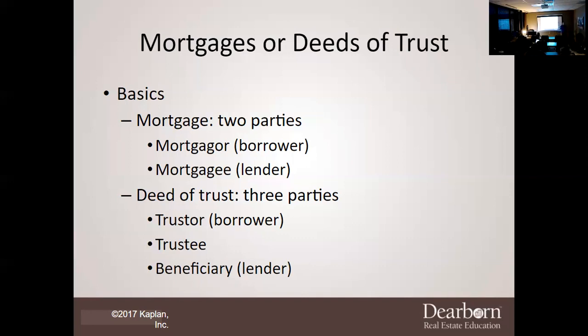Mr. Garrett pays Mr. Jacob for 10 years, loses his job, and cannot pay anymore. In order for Mr. Jacob to get his money or get the property back, if it's a mortgage theory state, he has to go over and sue Mr. Garrett in court.